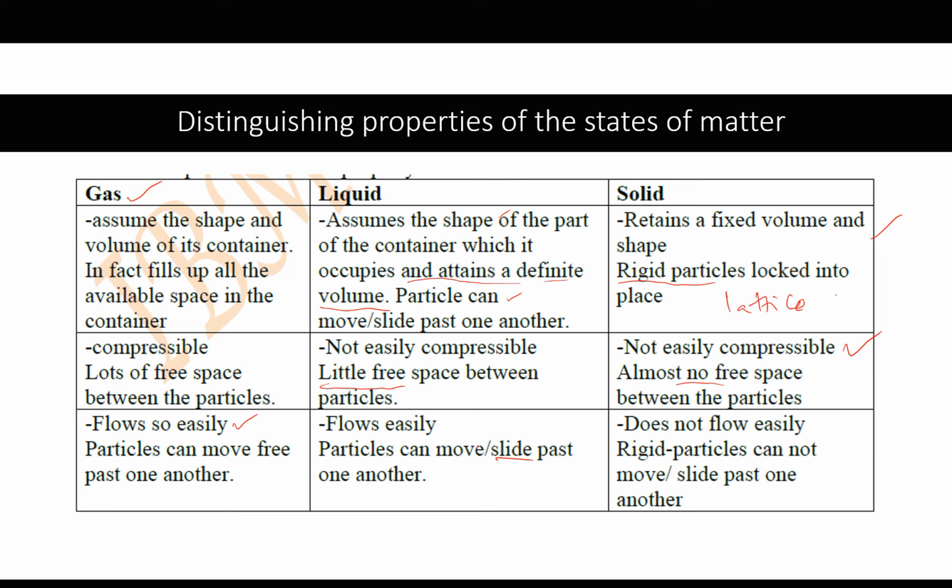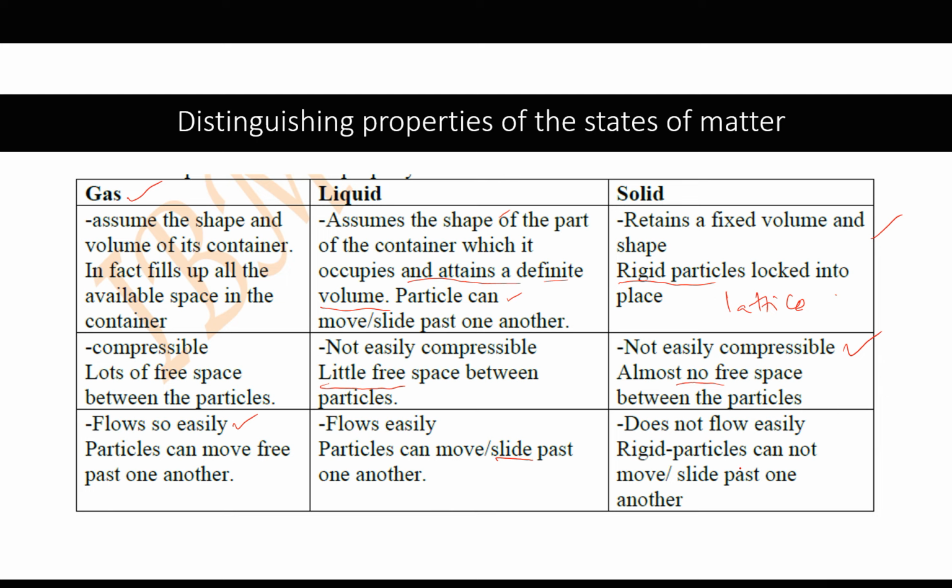So particles in liquids can also slide past each other, can also move around each other, but not as particles in gases. On the other hand, particles or molecules or atoms in solids cannot move from one point to another point, but we said their motion is restricted to vibration about their equilibrium position.